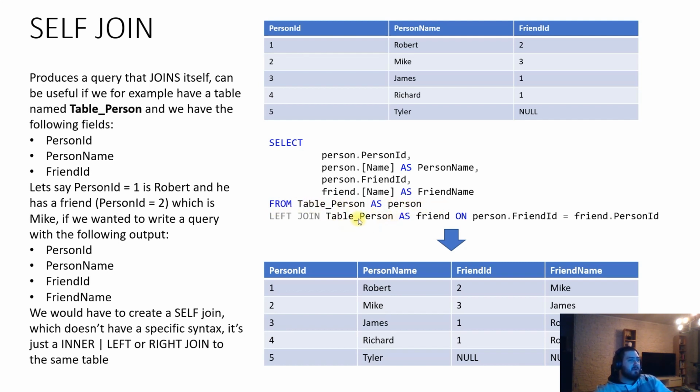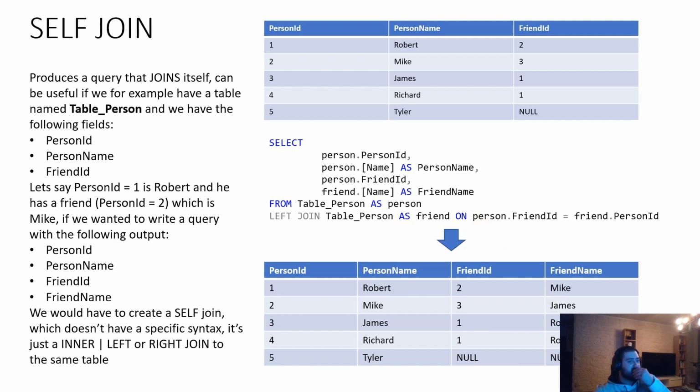But the same table, because we do a left join to the same table, is representing a friend. If I were to name them P and F, people could understand that F is short for friend, but in these cases with self joins I like to be more specific, because that very same table is now playing two different roles. The first role is a person, and the second role that it plays is a friend.